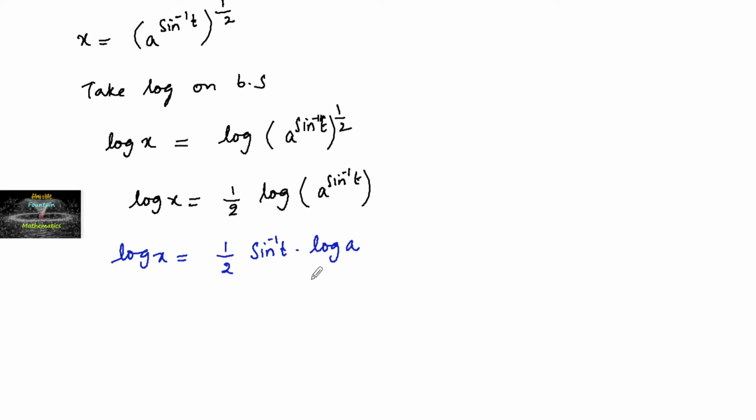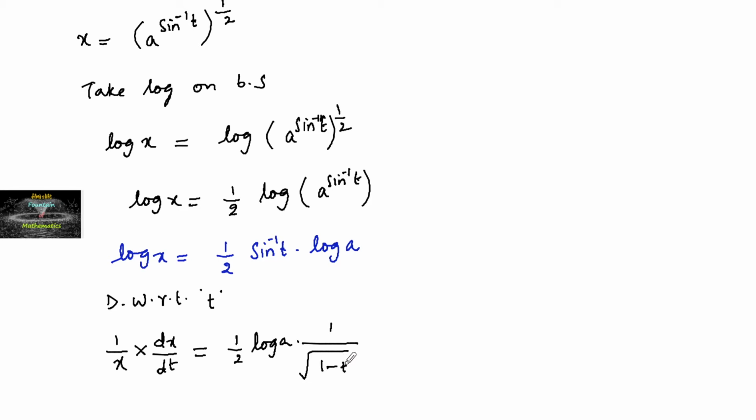Now let's differentiate with respect to t. So differentiation of log x is 1 upon x into dx by dt is equal to 1 upon 2, log a is constant.